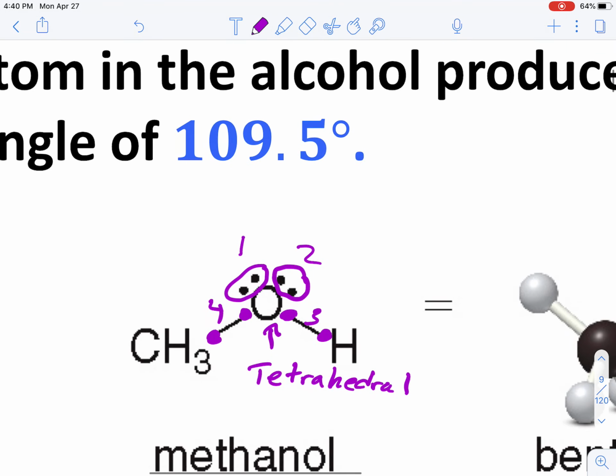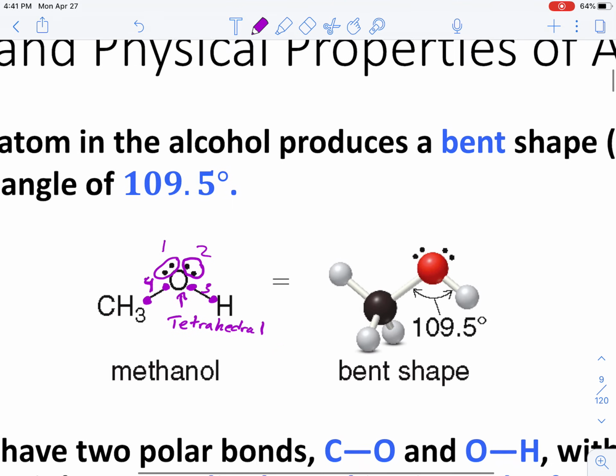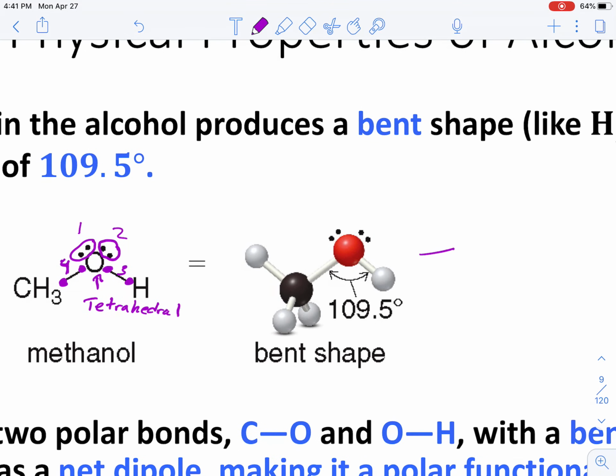So remember, molecular geometry does not take into consideration the lone pairs, only the covalent bonds, the electrons that form the bonds. If you look at this ball and stick model of methanol, notice that overall it has this bent shape to it. And the angle of that bent shape is going to be less than 109.5.